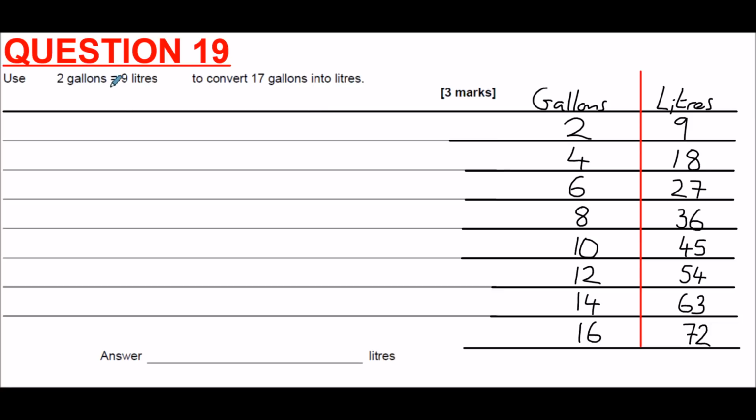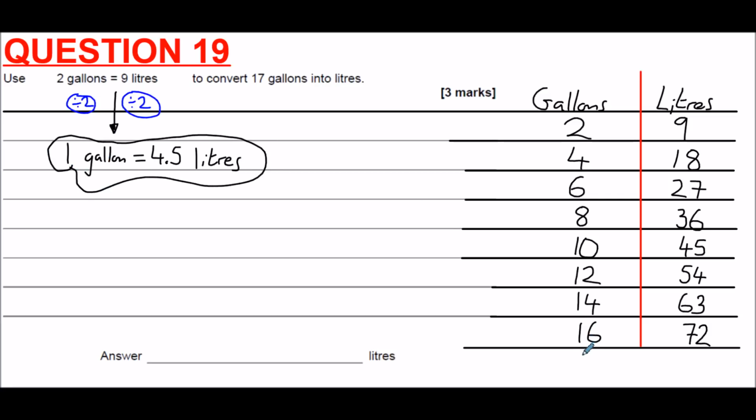So if 2 gallons is 9 litres, what we could do here is figure out how much 1 gallon is by just dividing both sides by 2. Half of 2 gallons is 1 gallon, and half of 9 litres would be 4.5. So 1 gallon equals 4.5 litres.